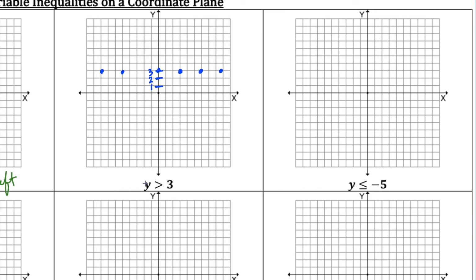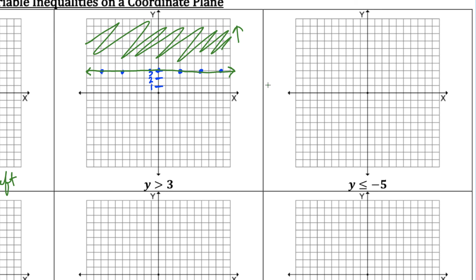But we don't want y to be 3. We actually want the y's to be greater. So we want these points up here, and of course, going further that way and that way. The question is, can y be 3? No, it has to be greater. So none of these are points. They show you where the solutions get super close to, though.